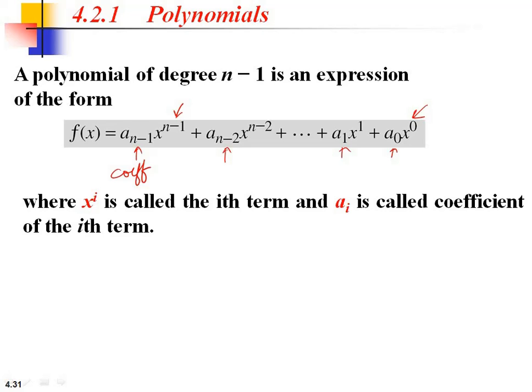Here these a's are all coefficients, and x is the variable. So x^i is called the ith term and a_i is known as the coefficient of the ith term. In this manner we can define the polynomial f(x).